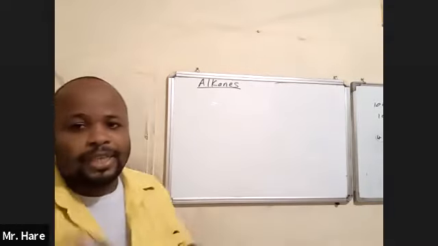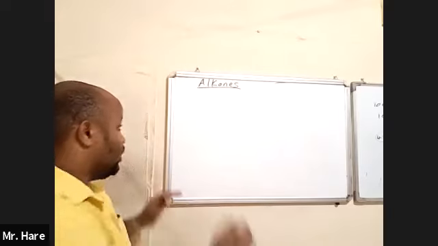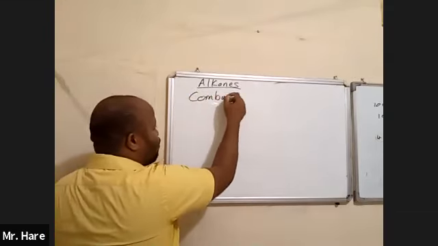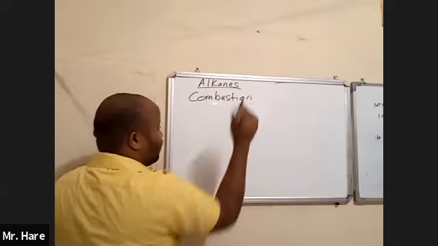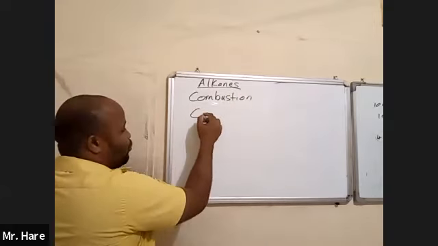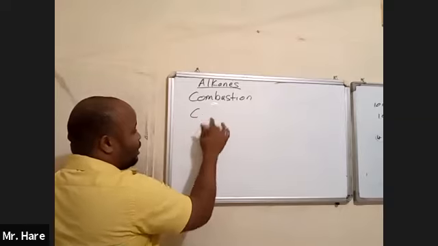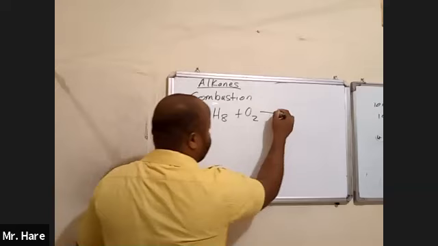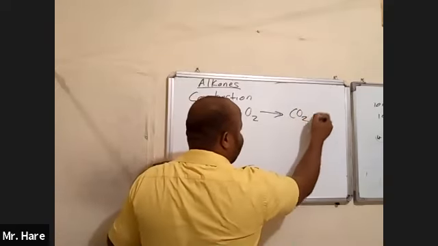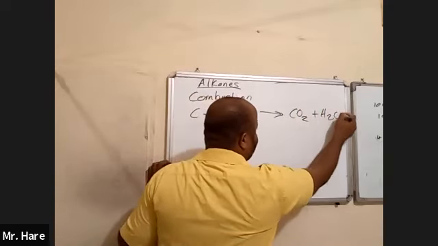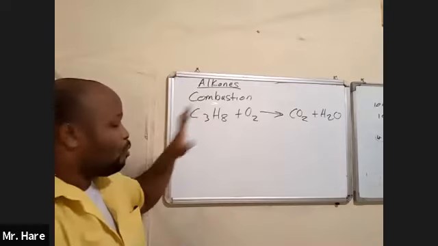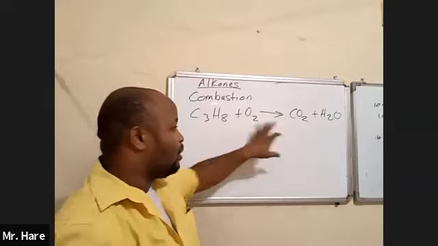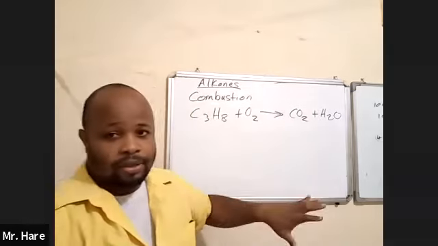All right, so alkanes, 3 reactions. The easiest one is combustion. All right, you're going to react the alkane with oxygen. You're going to get carbon dioxide and water. All right, so combustion, you're just reacting the alkane with oxygen to give you carbon dioxide and water.